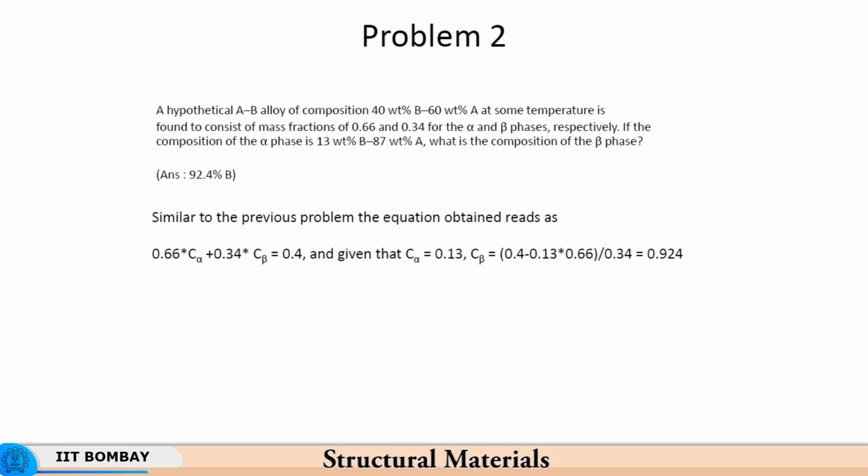So, based on this equation and given that C alpha is 0.13, C beta is equal to 0.924. This means that the composition of beta contains 92.4% of B and 7.6% of A. So, the composition of beta phase has 92.4% B and 7.6% A.